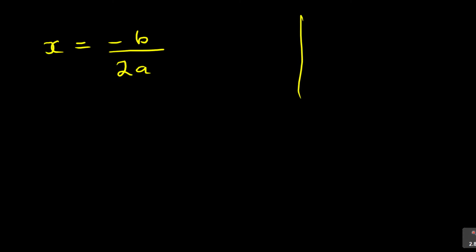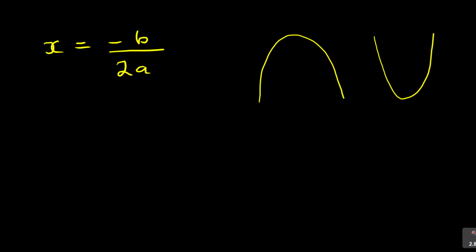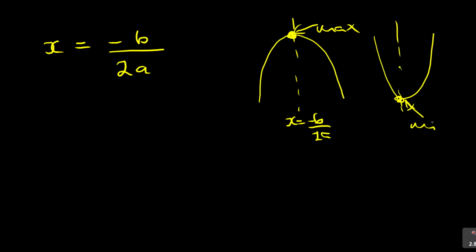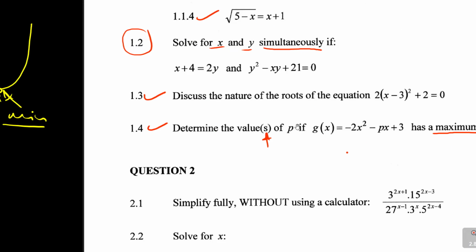If I give a graph like this or like this, that point in the center is x = -b/2a. That point there we call the maximum point. And even here, that point is called the minimum point.